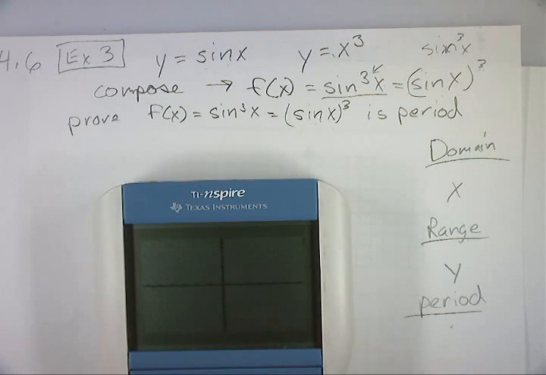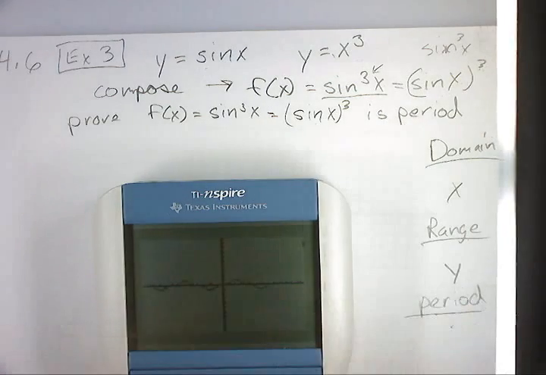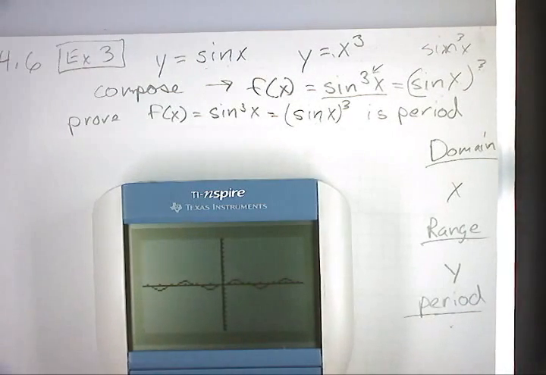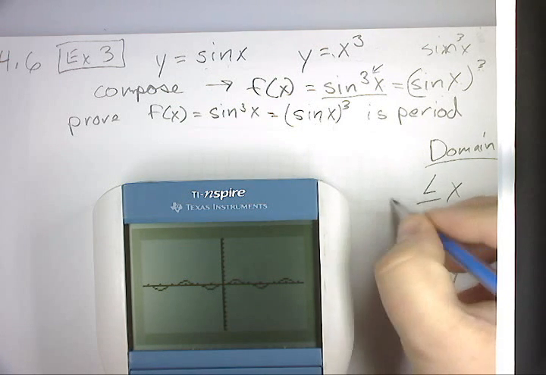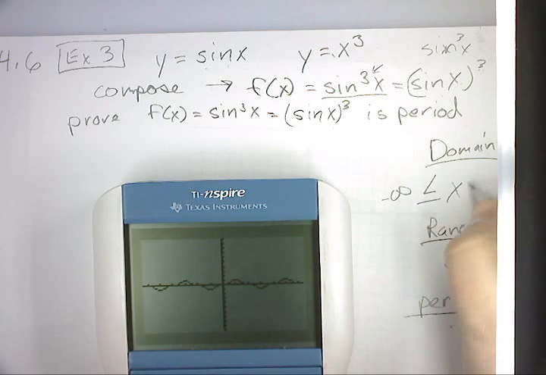When I graph it, it kind of looks like sine, right? There's a little bit of variation in the way it looks, but it does look periodic. One of our goals is to find out what that period actually is. When we look at the domain, it makes sense. The domain is going to go from negative infinity to positive infinity.